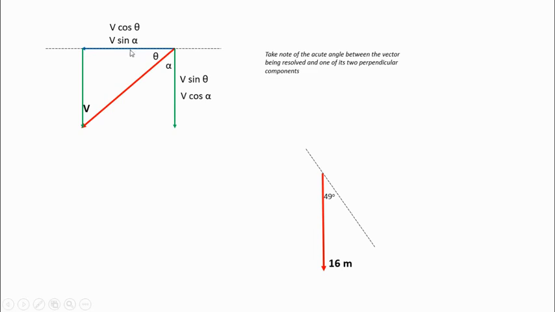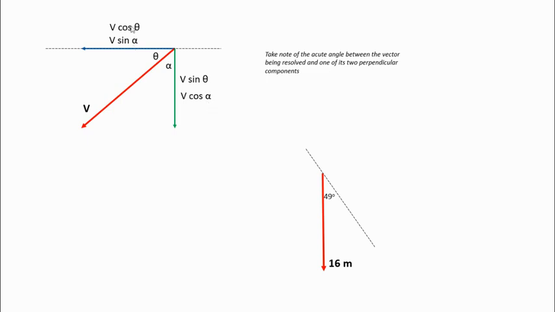This component is v sine alpha because alpha would be down here, and it is v cos theta if you're using theta. So somebody might be wondering, is v cos theta the same as v sine alpha? And is v sine theta the same as v cos alpha?